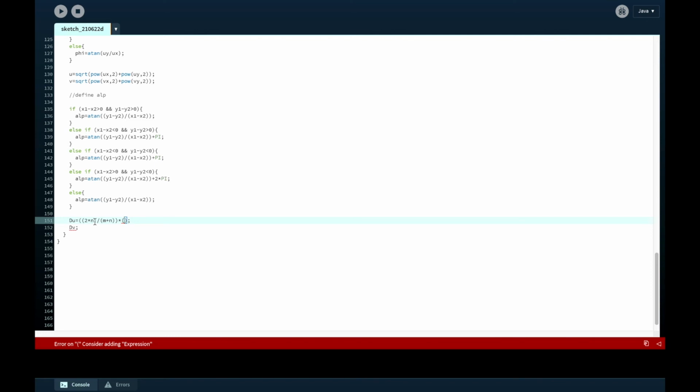Oh yeah, that's the other way. Yeah, du is 2m divided by m plus n, times u times cosine of phi minus alpha, and then minus v times cosine of theta minus alpha.